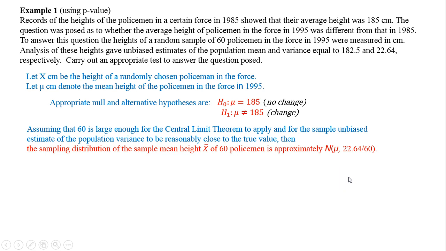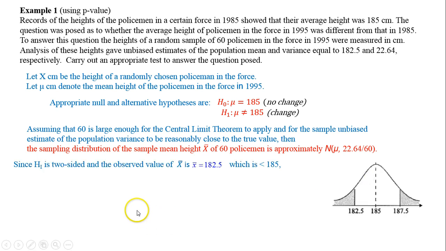the sample mean is going to be normally distributed with mean mu, which we don't know, and variance s squared over n, so 22.64 over the 60 for the variance of the sample mean.